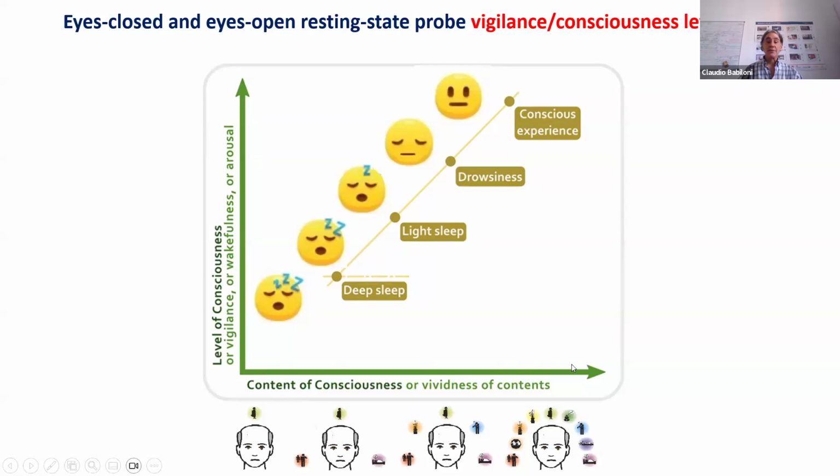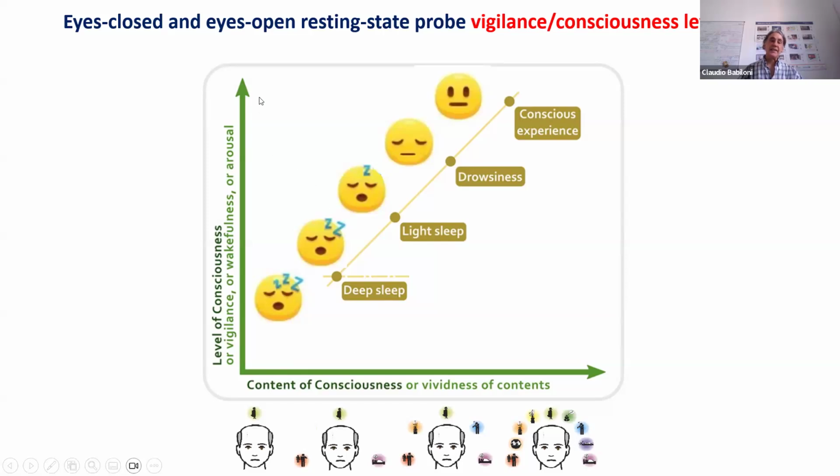From bottom to top, you see that the measure of vividness of the contents of consciousness is the vividness of the mental representation of our thinking or mental imagery.